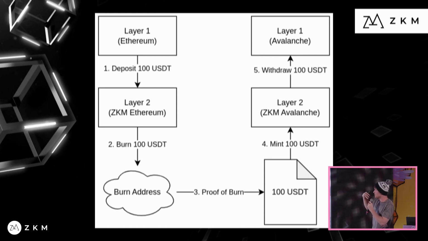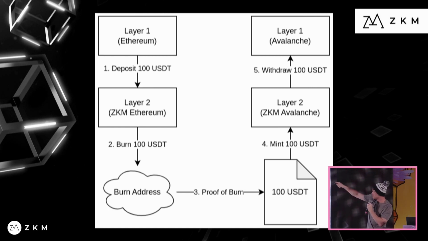So in this way, the layer 2 can communicate with other layer 2s that implement that same protocol. In this way, we can actually burn 100 USDT on one of these layer 2s and then essentially generate a proof that I burned this amount of USDT on that layer 2 and then be able to redeem it on a separate layer 2 within the same network.